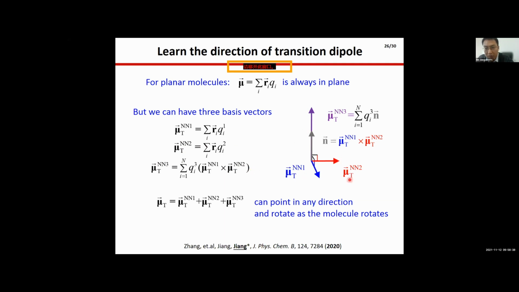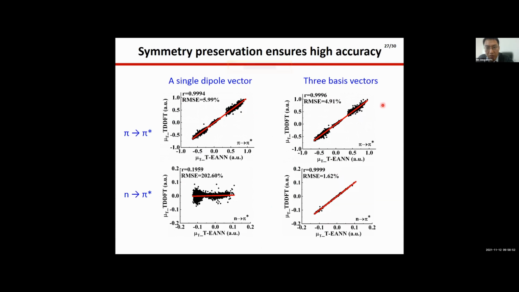Then you form the three basis vectors, and that will allow you to know the direction of the actual transition dipole moment in any case. So once we use this three basis vector approach, we can learn both n-pi and pi-pi transitions quite well.